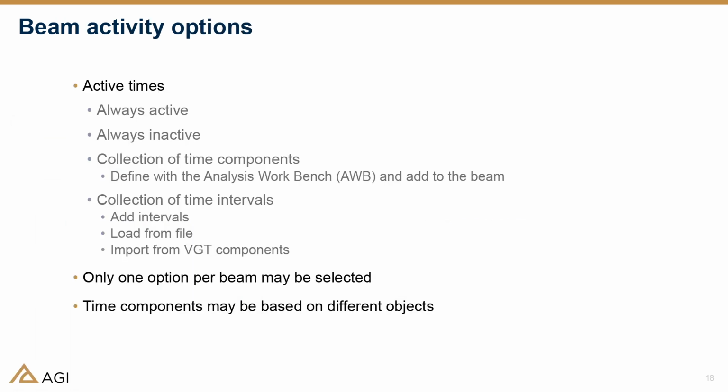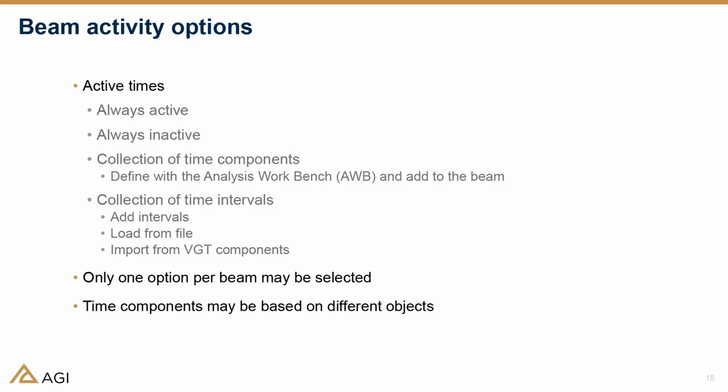When it comes to how the beam activity works within multifunction radar, not every beam will have to be active all the time or inactive all the time. Usually it's a combination of these that really makes sure that you're managing your power and the rest of your resources correctly for the multifunction radar. So you have the ability to set a beam to be always active, which is just a constant beam, such as a spinning beam that you would want to have on the entire time.